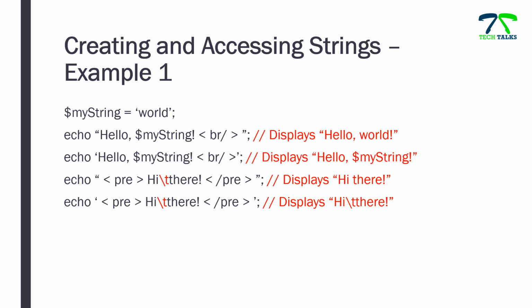If the same string is enclosed in single quotes, the result is that the \t is directly printed in the output. These are the different things we see when using single quotes and double quotes.